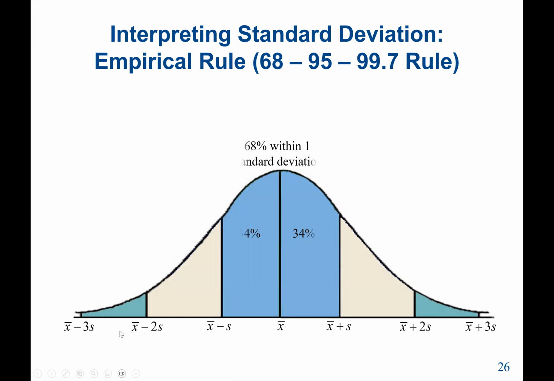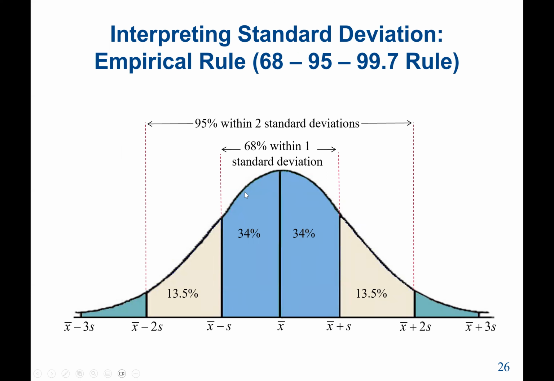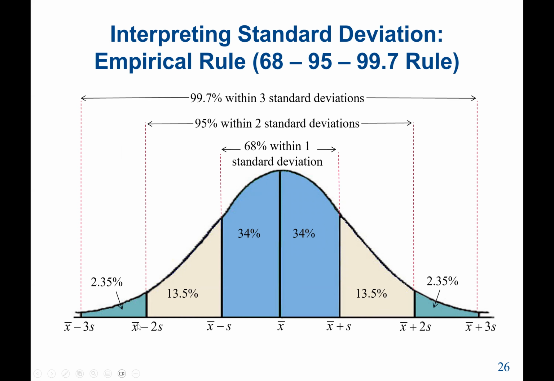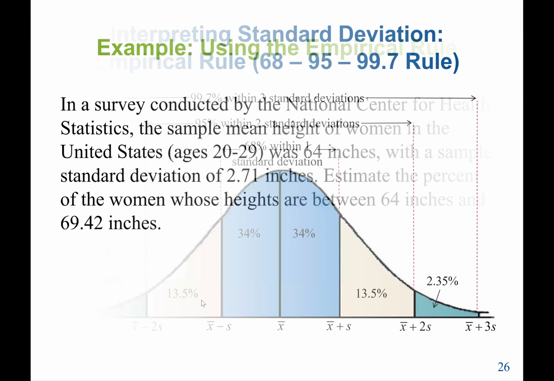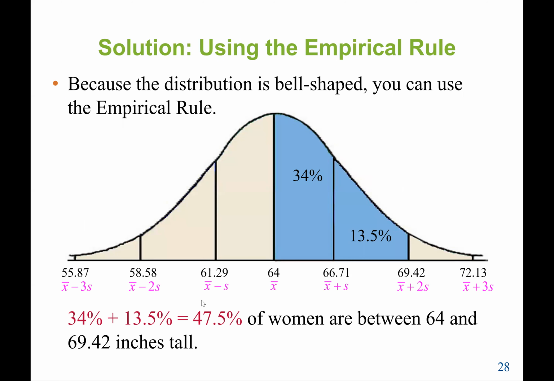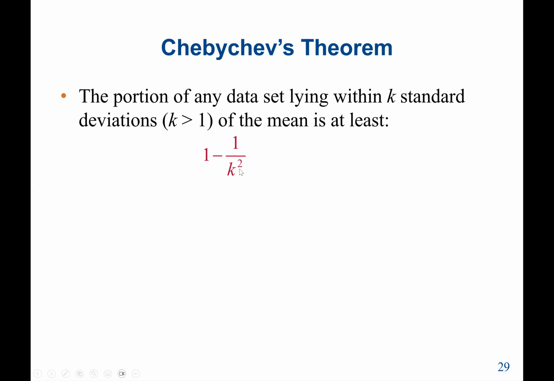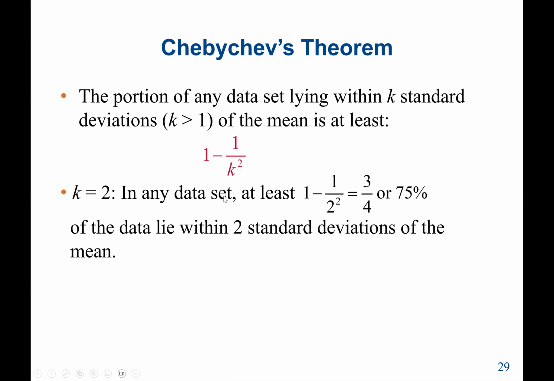Let's go back. 68% is 1 standard deviation, 95% is 2 standard deviations, then 3 standard deviations is 99.7%. This is the standard for the normal distribution. But here Chebyshev gave us this theorem: 1 minus 1 over k squared, if k is greater than 1.